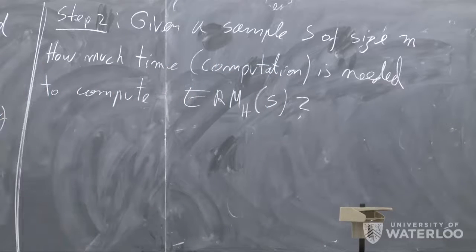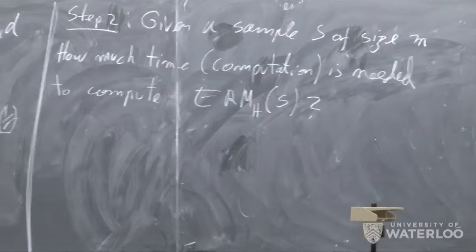Now note that if I do brute force, if I go over all elements in my class and check the empirical loss of each of them, this is going to be pretty expensive.